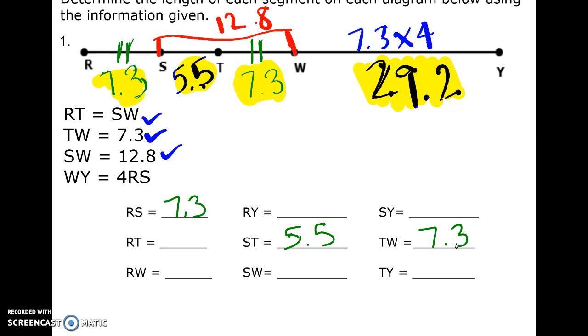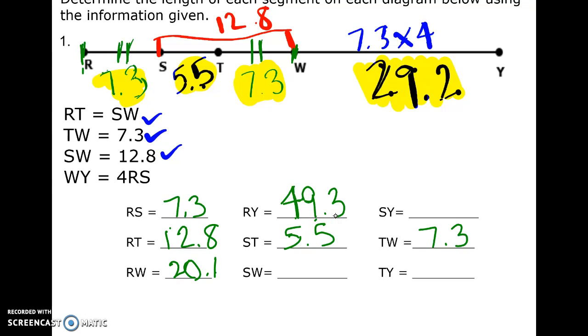And then all the other ones, they're adding more than one thing together. RT would be the 7.3 plus the 5.5, or 12.8. RW goes from R to W, so you add all three of those together and get 20.1. RY is the whole thing all together, which is 49.3.